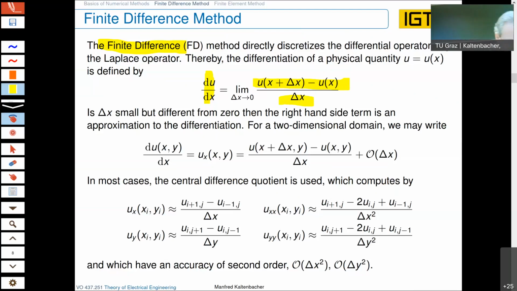Meaning you evaluate your unknown at x plus delta x minus the unknown at x, divided by delta x. It would be the same as here: u at t plus delta t minus u evaluated at t, divided by delta t. Yeah? So this is our standard approach, you know.